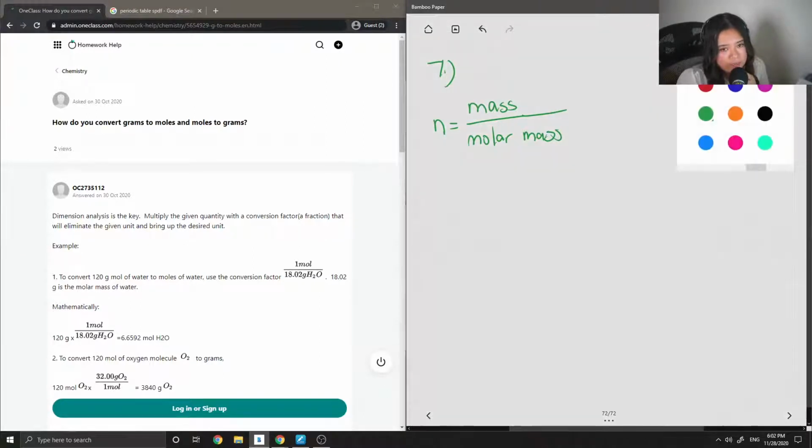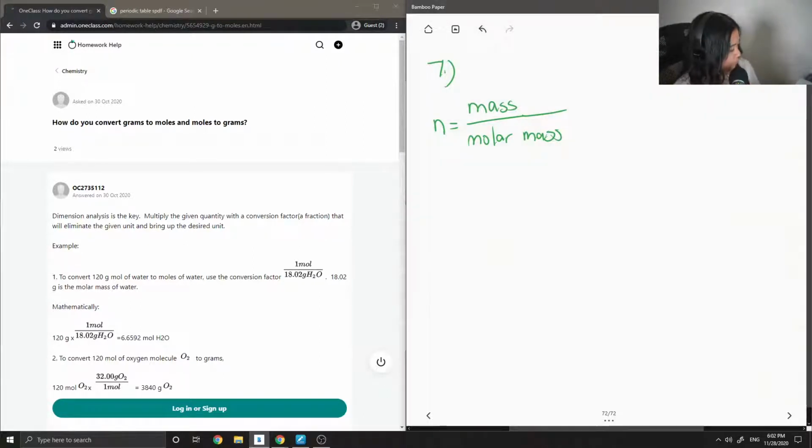Molar mass of a compound, you can find the values on the periodic table. And if we know the molar mass of a compound, then we can calculate for number of moles, or we can calculate for mass depending on what we're given.